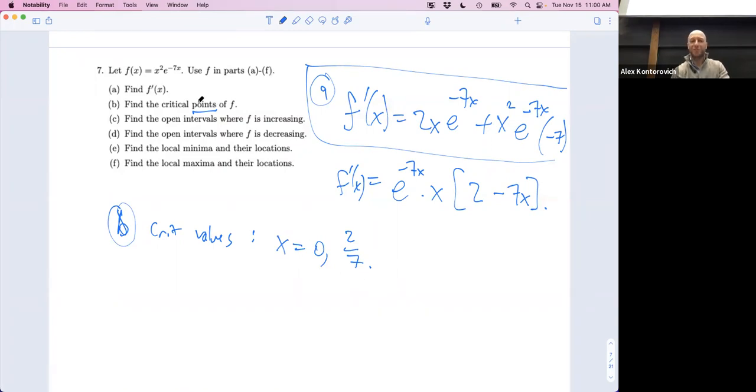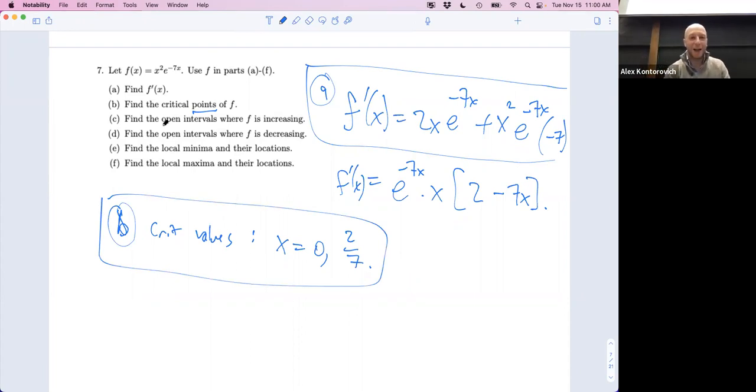That's why I don't like the use of the word points here. If you put the ordered pair, you certainly will not lose any points because you knew the x values. But I would call these critical values, not critical points. I seem to be in the minority. I think people use the vocabulary critical point to mean the x value. I would call that a value, not a point.